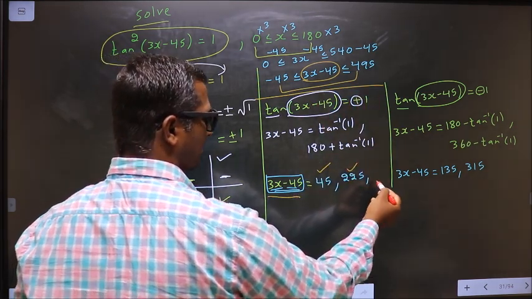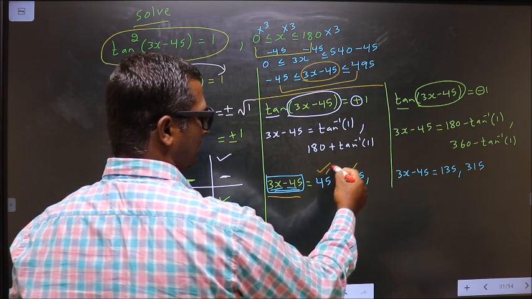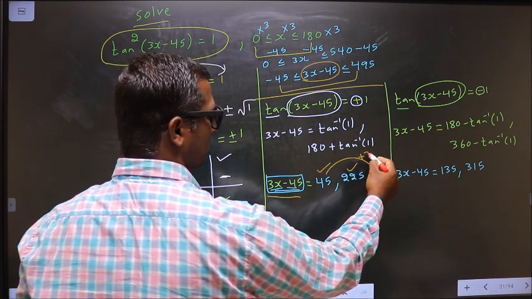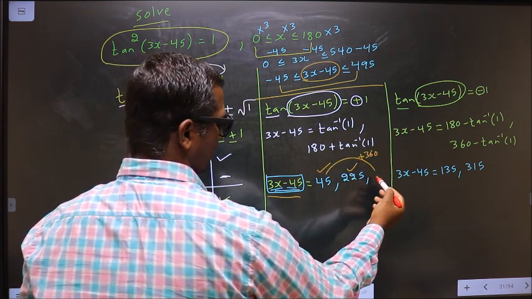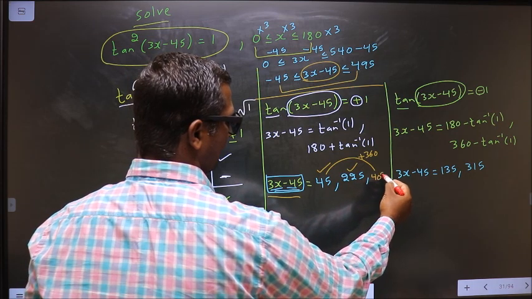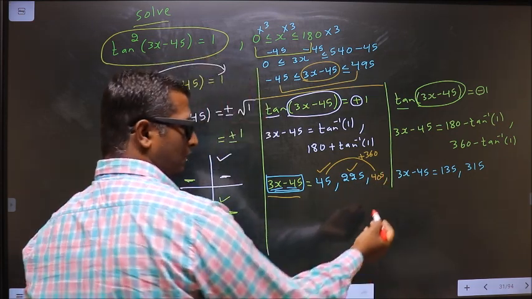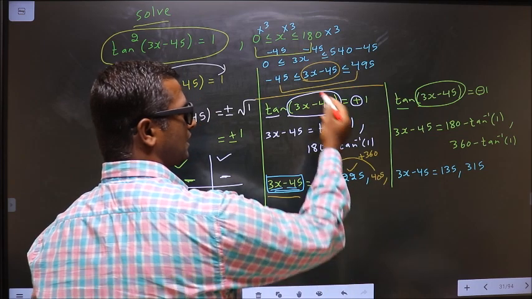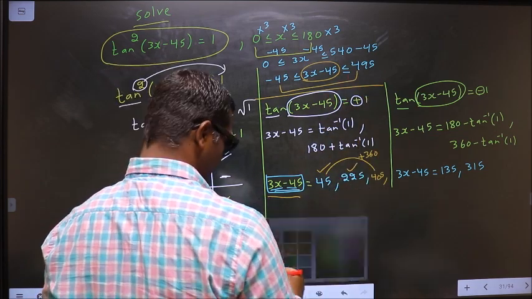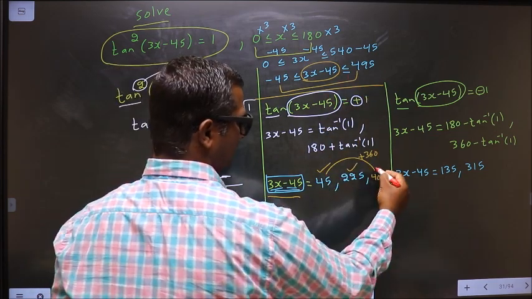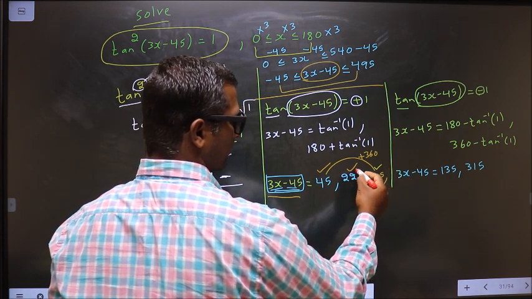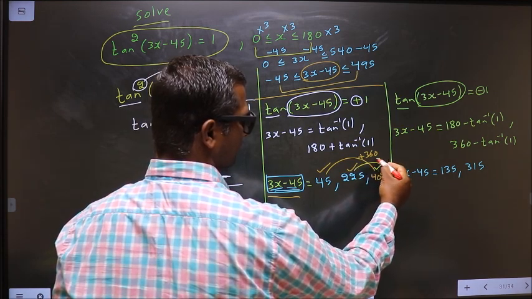Is 225 present in this interval? Yes, accepted. Now to get another value, add 360 to this. So we get 405. Does 405 lie in this interval? Yes, so accepted. Now to get another value, add 360 to this.